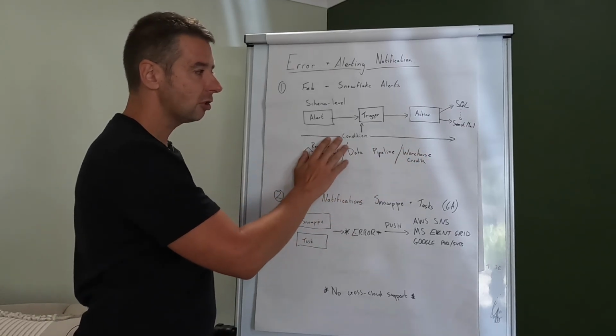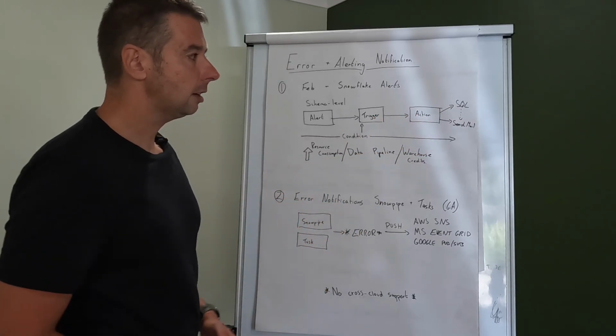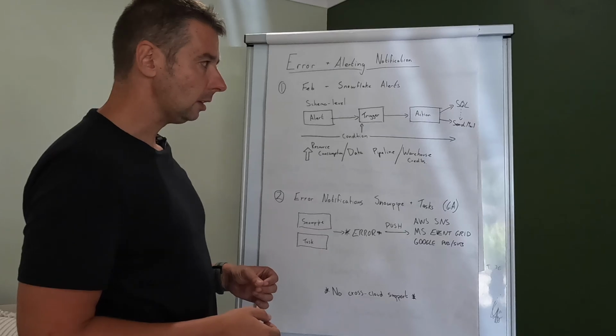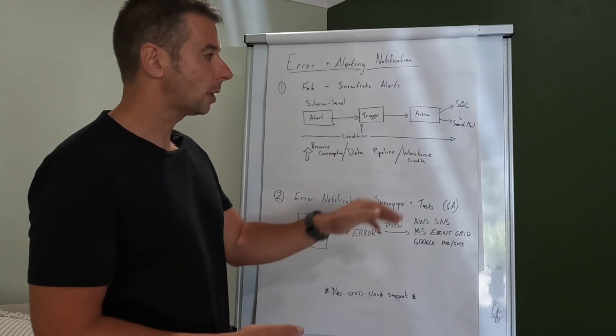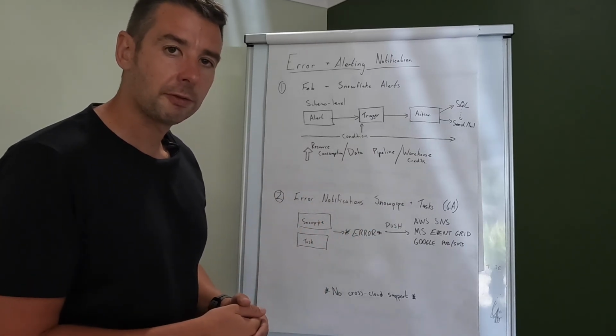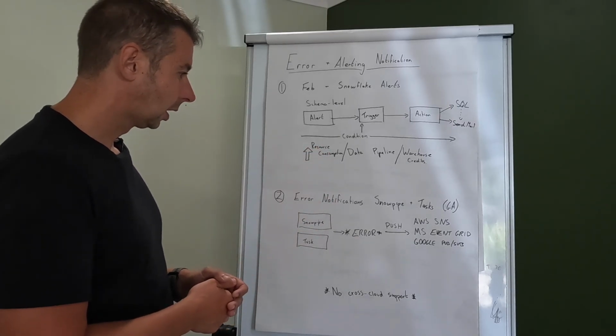Once that condition you've pre-configured is met, it triggers an action. That action can then fire off and run a bit of SQL or a stored procedure. Alternatively, you could send an email to a help desk or to your team to notify them that something has failed or there's an issue.